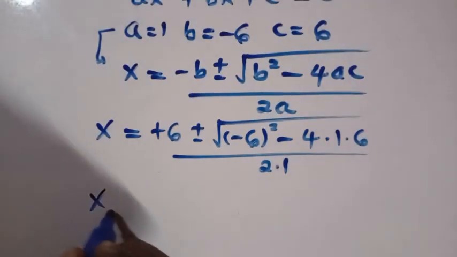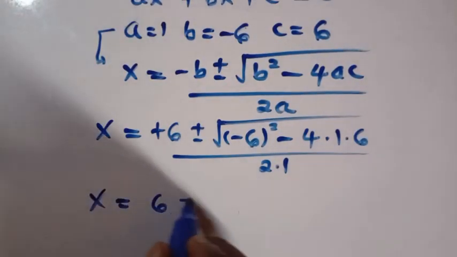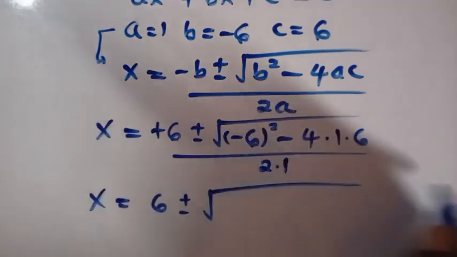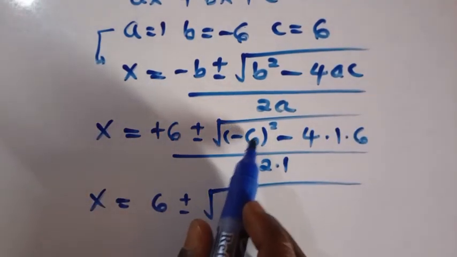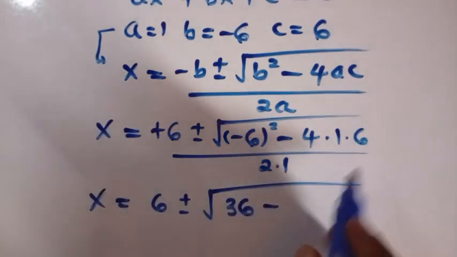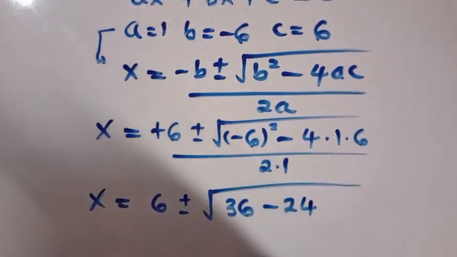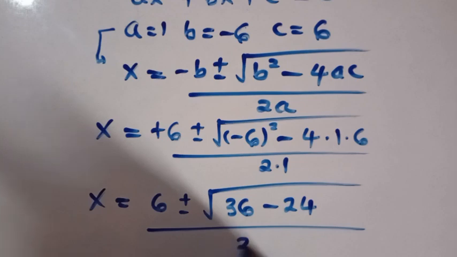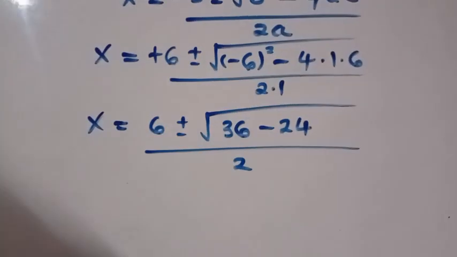The next step, we have x equals 6 plus or minus square root of, so here is 6 squared, that is 36 minus, so 4 times 6, that is 24, divided by 2.